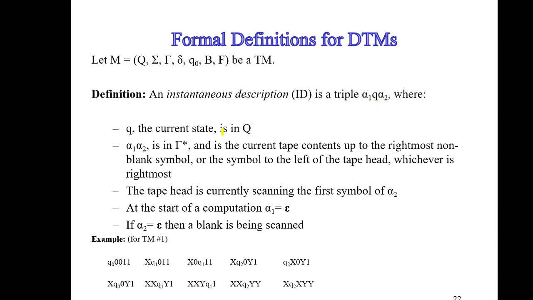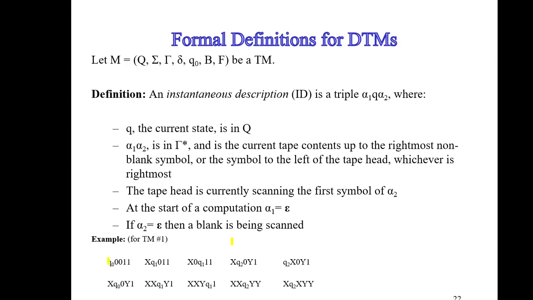Q means the current state, in the set of states. Alpha 1 alpha 2 is in gamma star and is the current tape content up to the rightmost non-blank symbol. The tape head is currently scanning the first symbol of alpha 2, and after computing it produces the output symbol.